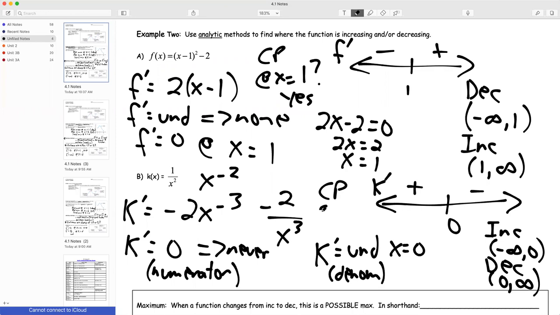Is there a critical point at x equals 0? The answer to that is no. Why is there no critical point, if my derivative is undefined here?